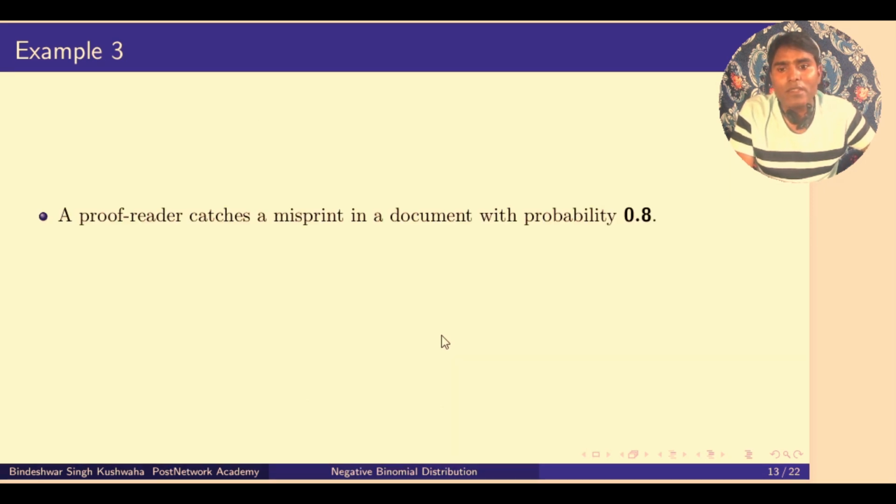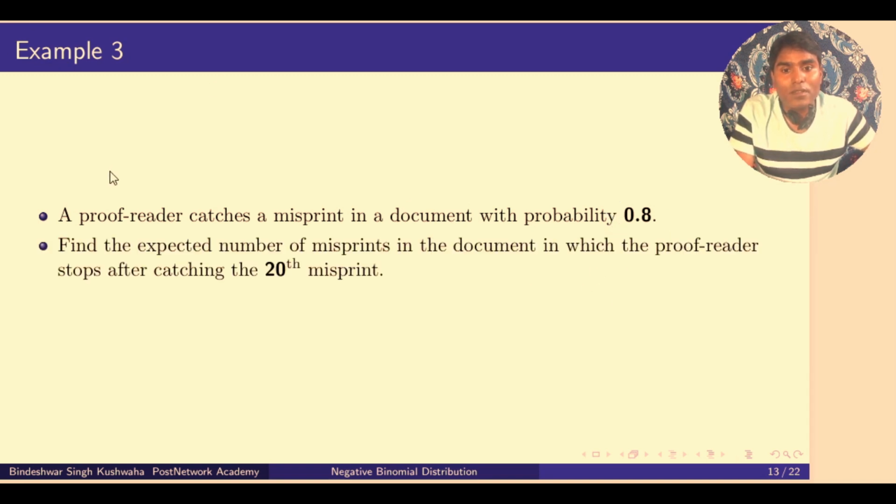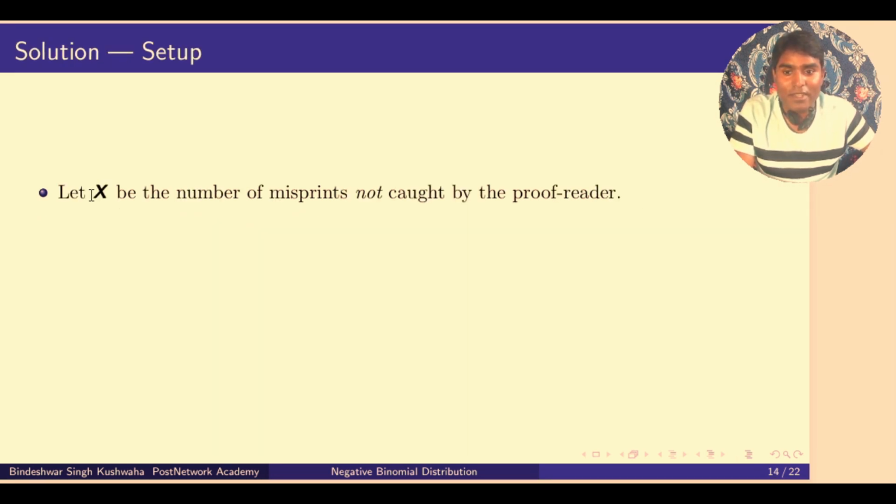Now example 3: a proofreader catches a misprint in a document with probability 0.8. Find the expected number of misprints in the document in which the proofreader stops after catching the 20th misprint. Here, the number of misprints not caught by the proofreader is x.